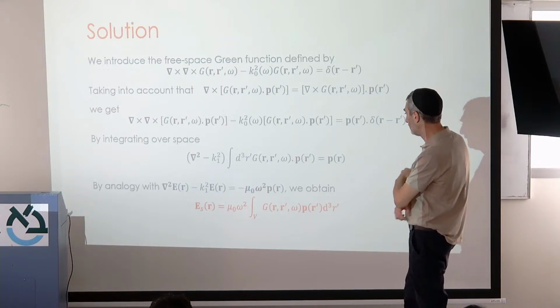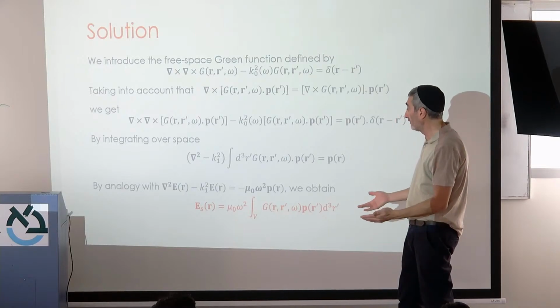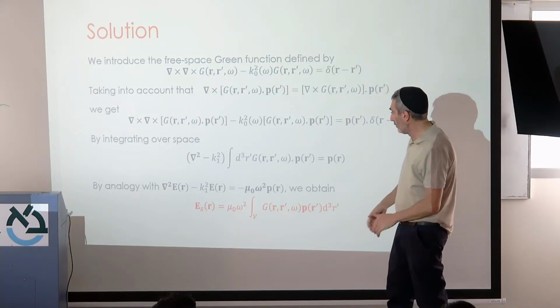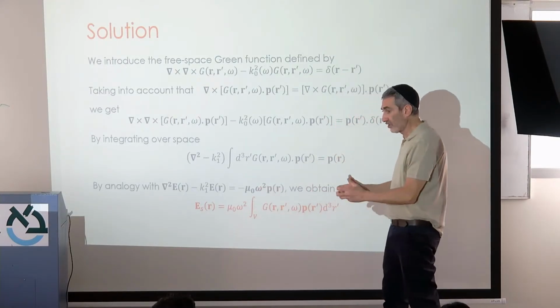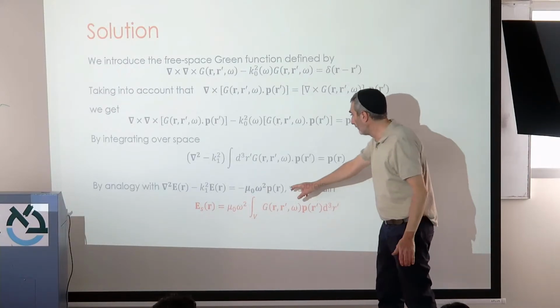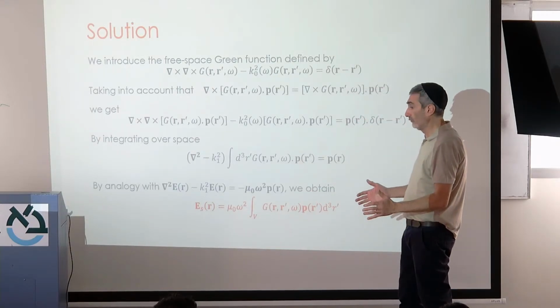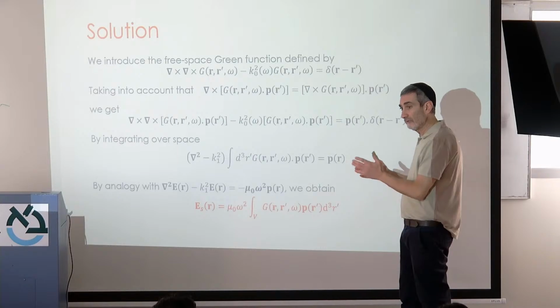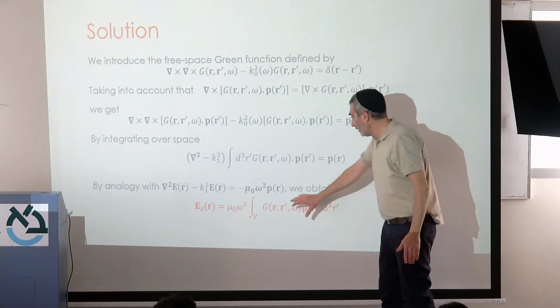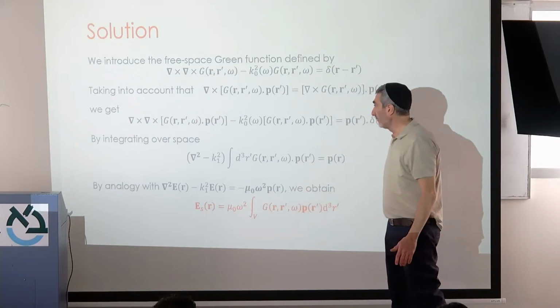So this term is the particular solution. This is the case of the inhomogeneous equation, which is due to the fact that you have charges inside the volume of the scatterer. This term gives you this relation here. So for the particular solution of the inhomogeneous equation, this is scattered, and this is exactly this term here.